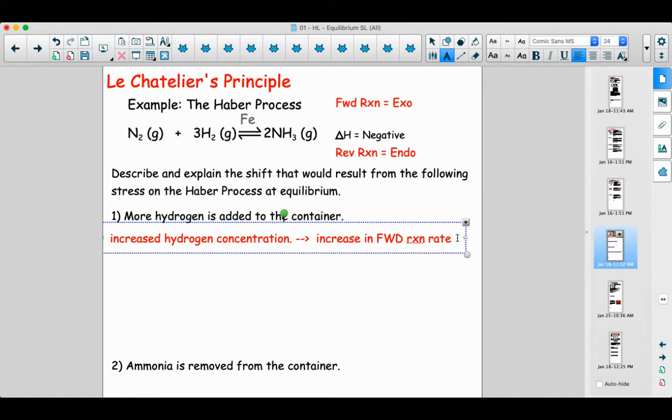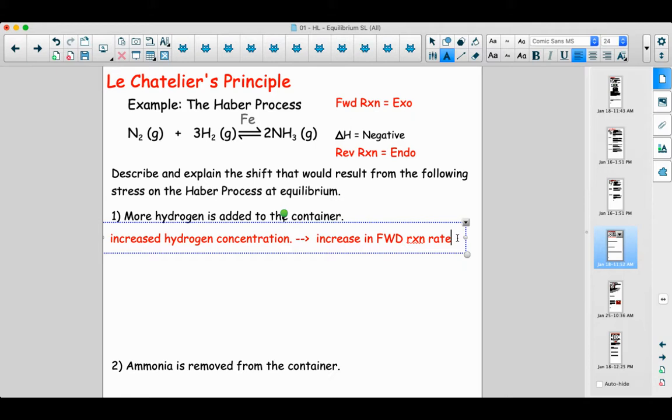Now, that's often not really the way that's on the equilibrium mark schemes, unfortunately. I wish it was, because I think it's the most intuitive way to think through it. The equilibrium way to think through it is that if I've increased hydrogen, how can the system get rid of that added hydrogen? Because the principle is that whatever I add, the system will try to remove it, will try to relieve that stress. It doesn't really explain it on a particle level and why it happens.